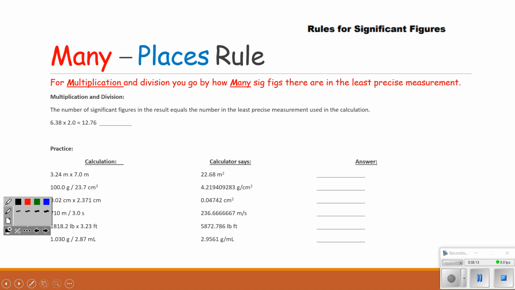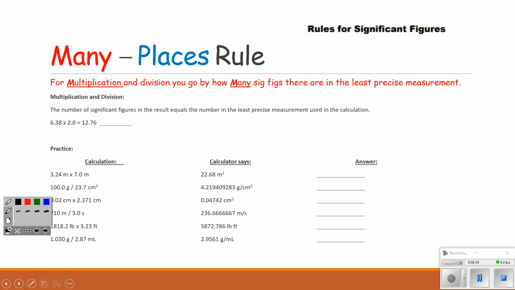So this goes with the additional sheet that I handed out that says rules and calculations at the top, multiplication and division section at the top, then addition and subtraction. So when you are looking again, I wanted to bring into place the many places rule. This is another way that you can remember this.